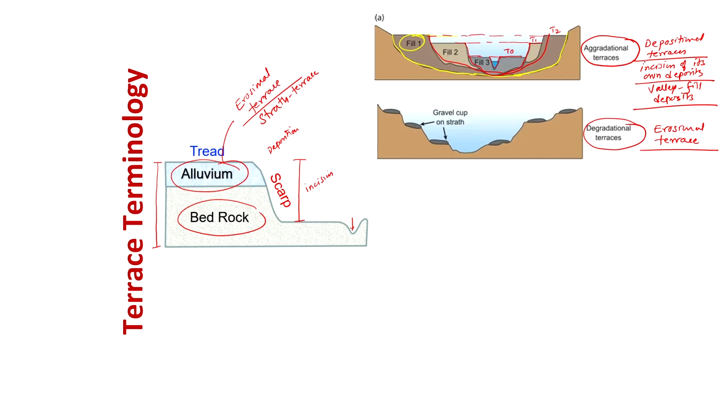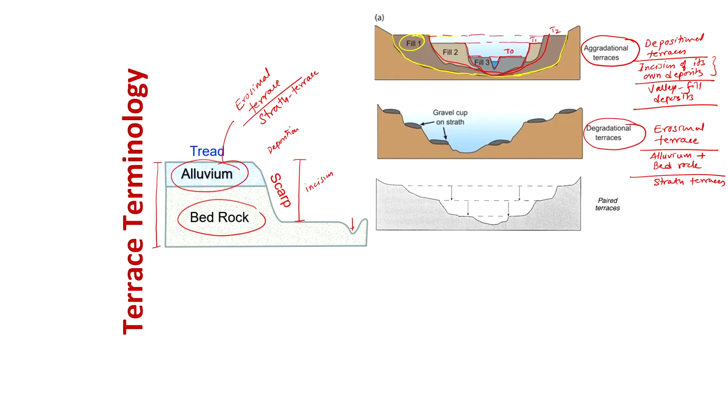As we discussed, the erosional terrace incises alluvium, or alluvium plus bedrock, and these are also termed strath terraces. So this is the difference between the aggradational or depositional terrace and the degradational or erosional terrace.